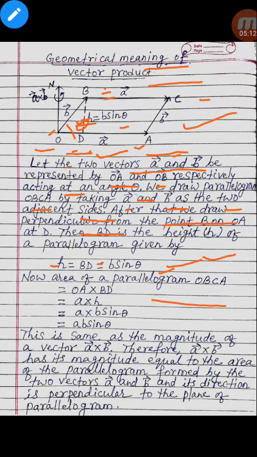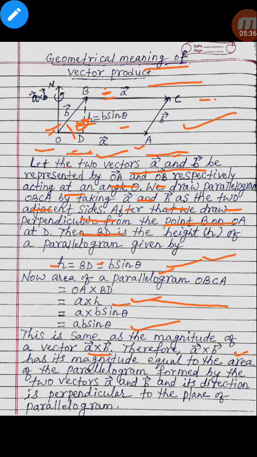Now area of parallelogram OBCA is equal to OA into BD, that is equal to A into h. We put the value of h as B sin theta, so it gives AB sin theta. This is same as the magnitude of vector A cross B.